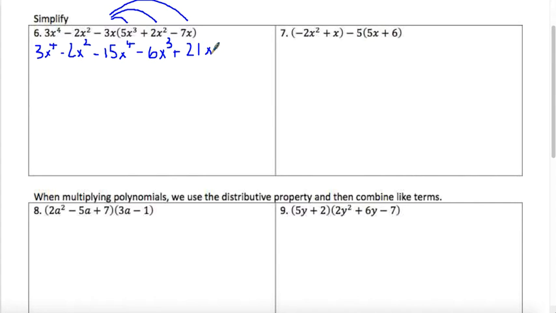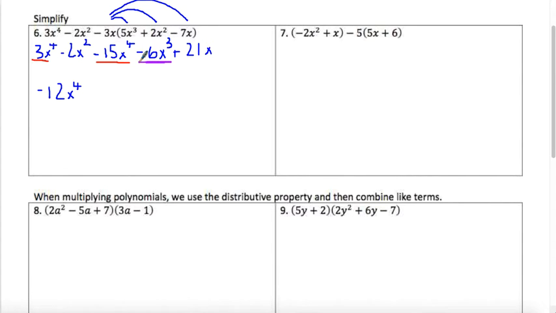So I start by looking at the term with the highest power. So 3x to the 4th and negative 15x to the 4th combine to make negative 12x to the 4th. The next highest exponent that I have is x cubed.